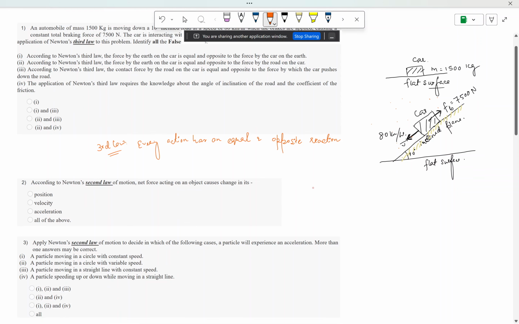Okay, so basically if you have this body, let's say this is your body 1, and this is in contact with another body which is this plane below, body number 2.